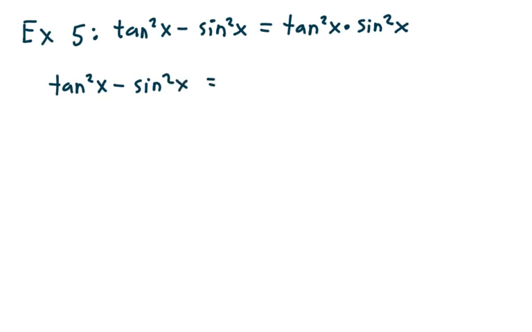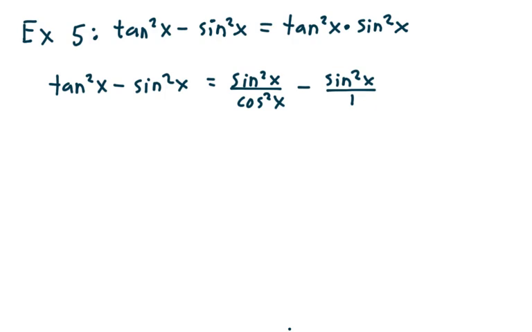Okay? And this is where you've got to get in the habit of trying stuff. It's kind of a couple of options we can do. So tangent squared x is sine squared x over cosine squared x minus sine squared x divided by 1. Now, what is a common denominator between cosine squared x and 1?